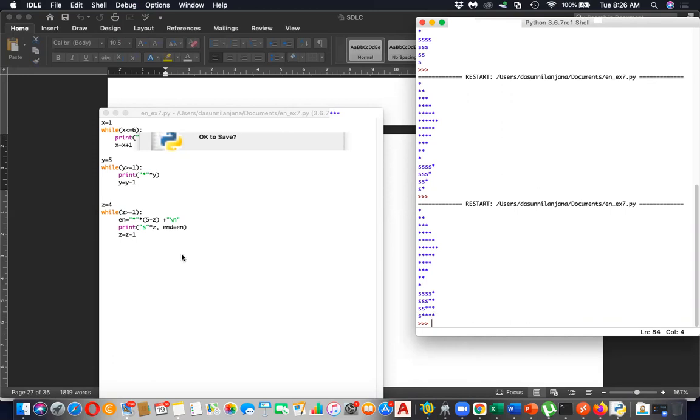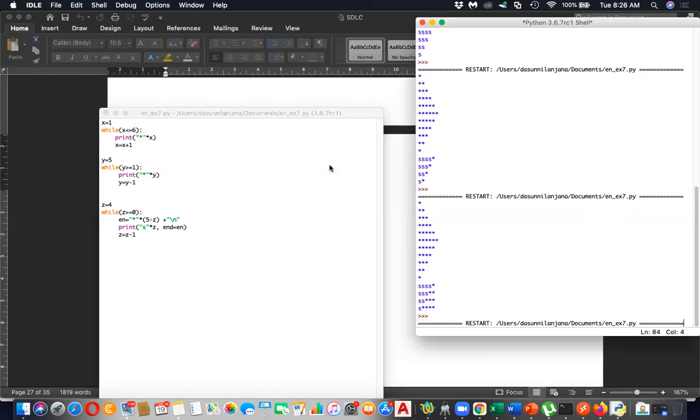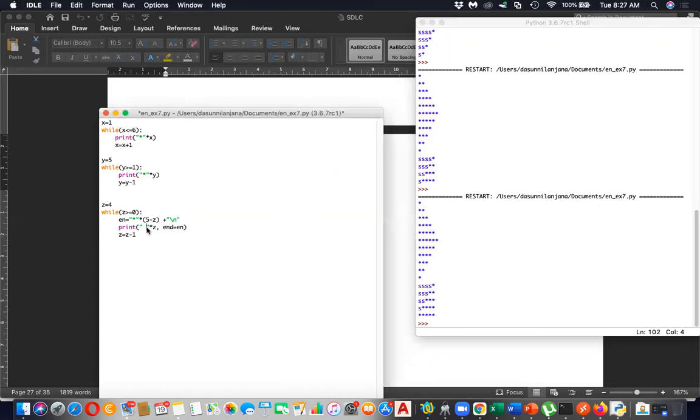I need 5 asterisks too, so I'm going to print 0 here. Then I'll get 1 asterisk, 2, 3, 4, and 5 asterisks. These S's are spaces, so I can put space instead of S. See here what's going to happen.